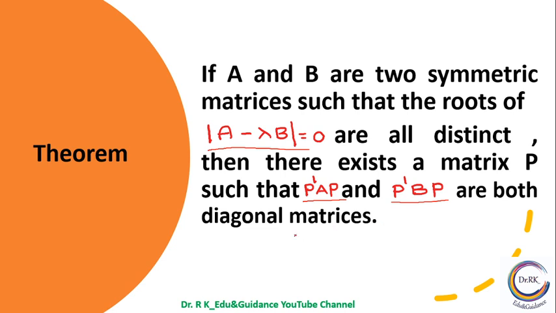We know what is meant by diagonal matrices. So that means all non-diagonal elements are zeros. Diagonal elements can be any. So all the non-diagonal elements are zeros, then this is a diagonal matrix. That idea, that clue, we use here.